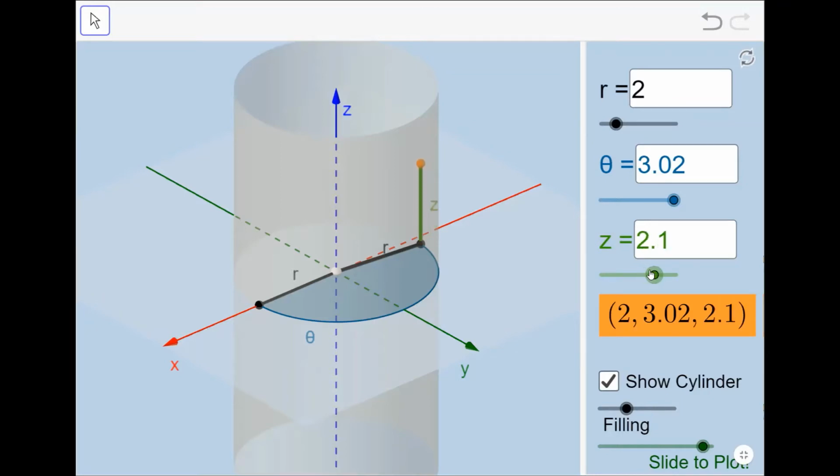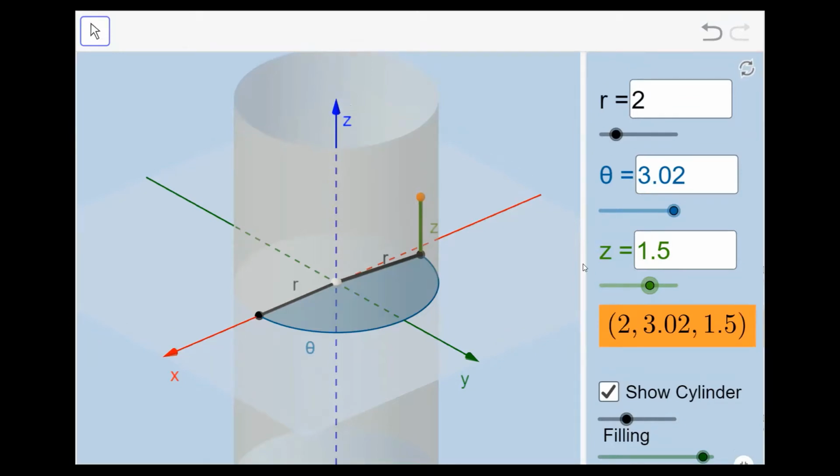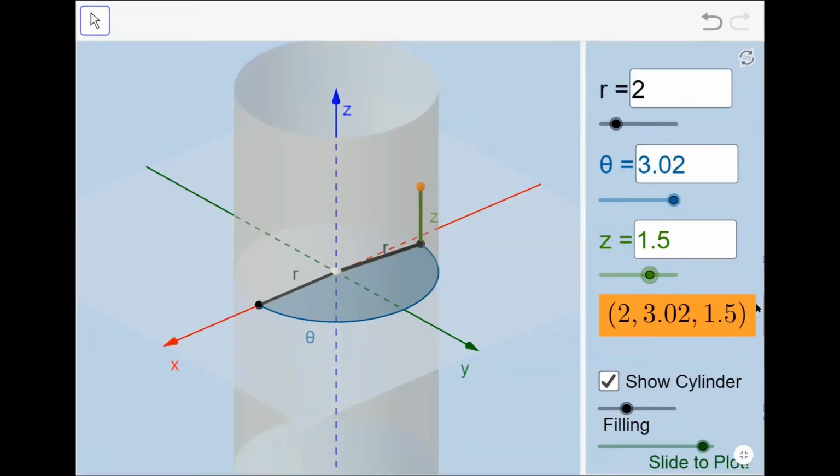Then look at here, it is our point 2, 3.02 and 1.5. Here the last quantity is the value of z.